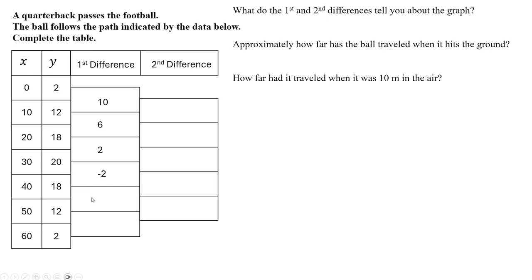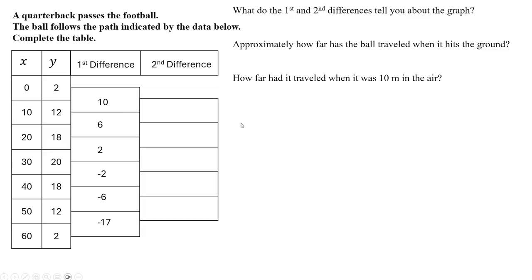So we're getting an idea that our first differences are not the same. This tells us that the path of the ball is not linear, because these are all different. All right, let's check out the values for the second differences.